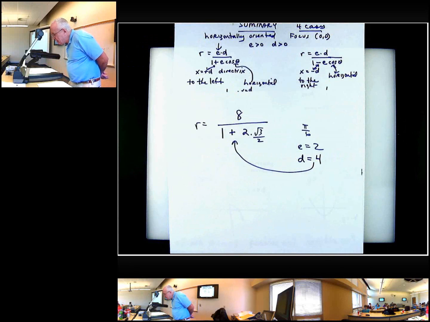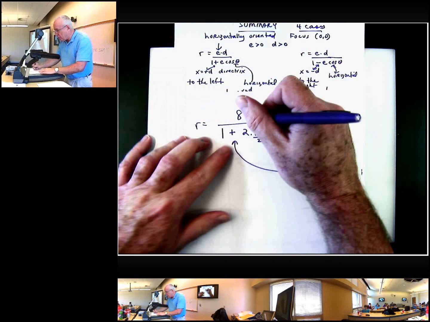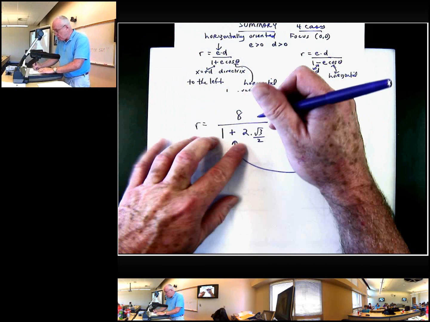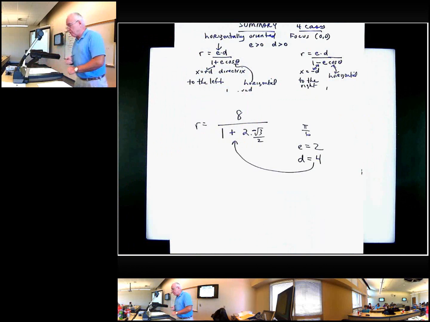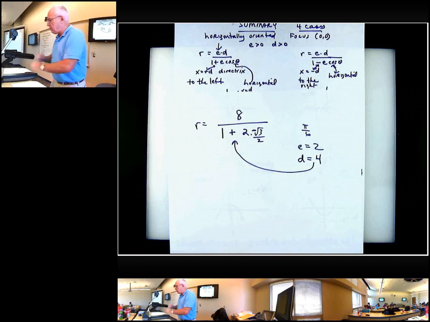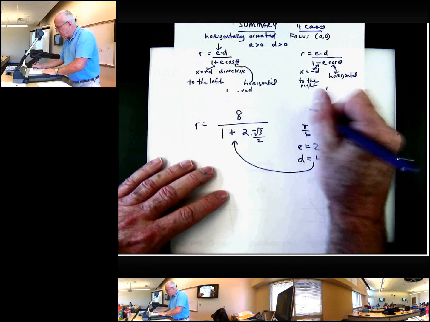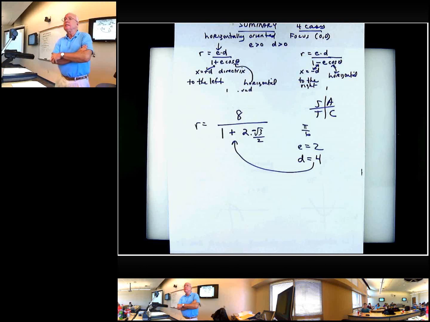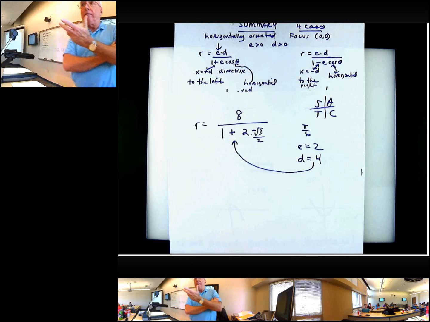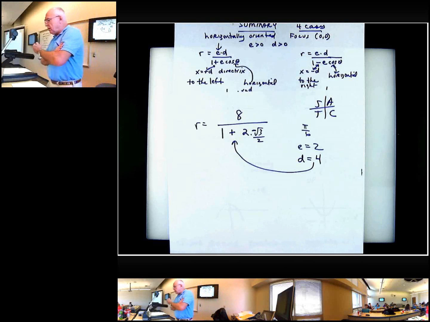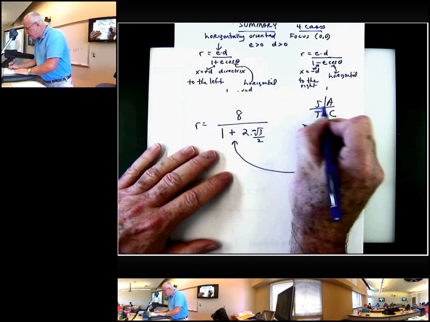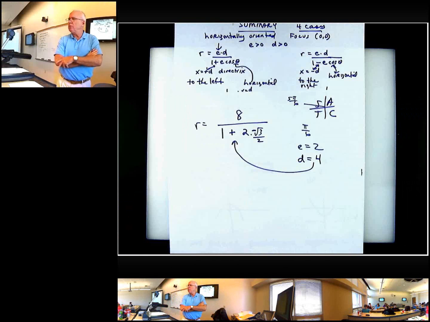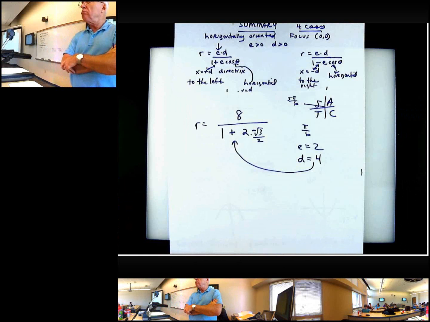Actually, let's do it the other way. Let's assume we have an angle that has a negative square root of 3 over 2 for the cosine. So what might that be? That would be something in the second or third quadrant, right? So it might be 5 pi over 6, for instance. That would have a negative square root of 3 over 2 for the cosine.